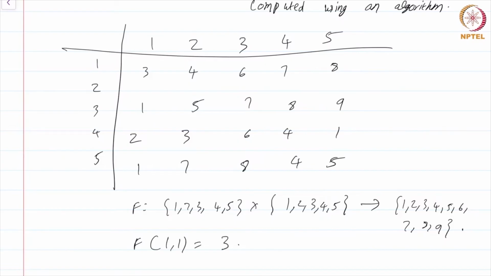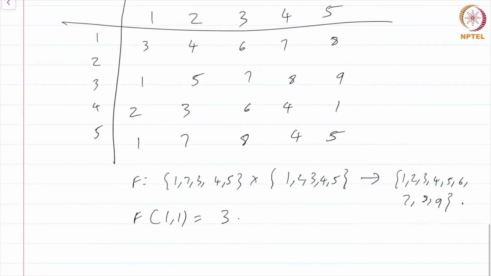You notice there is an abuse of notation happening. An abuse of notation is when you do not use the notation fully correctly for the sake of brevity. Here, technically, I should be writing f of (1, 1) equal to 3. That's the way functional notation was defined.